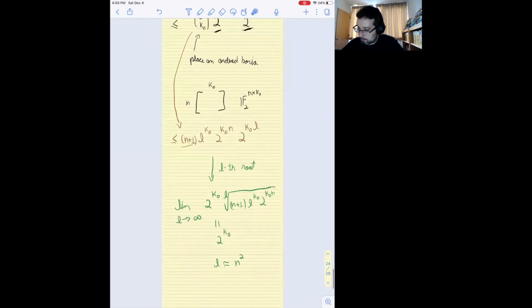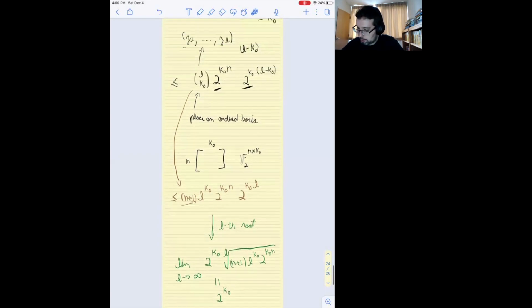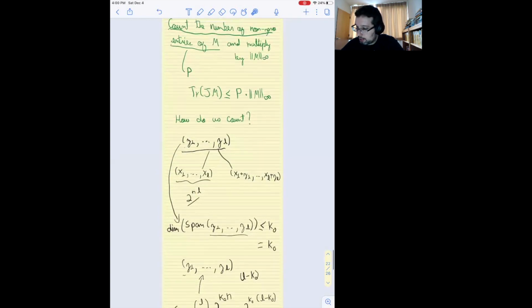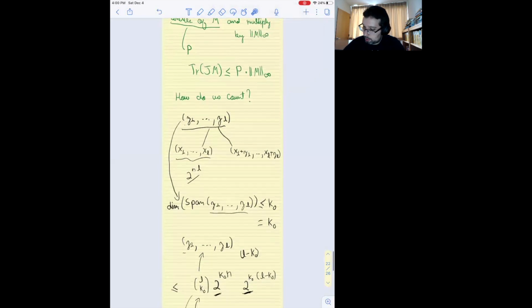So I jumped one step here, so let me go back. I said that it was okay to focus on the Z and not consider the pairs. And it was okay because a Z can arise in how many ways? In 2 to the NL ways.